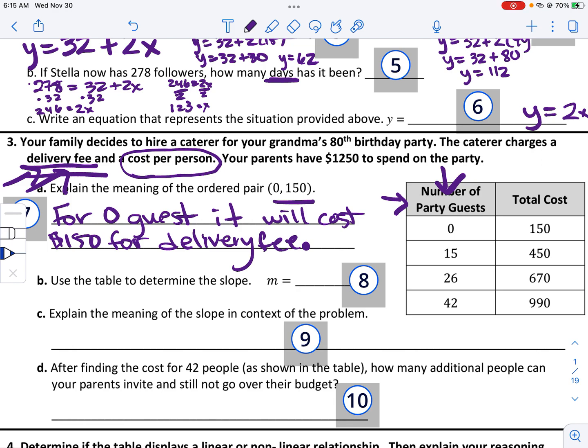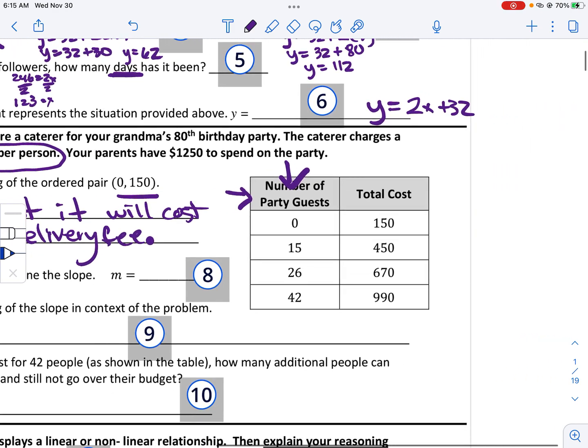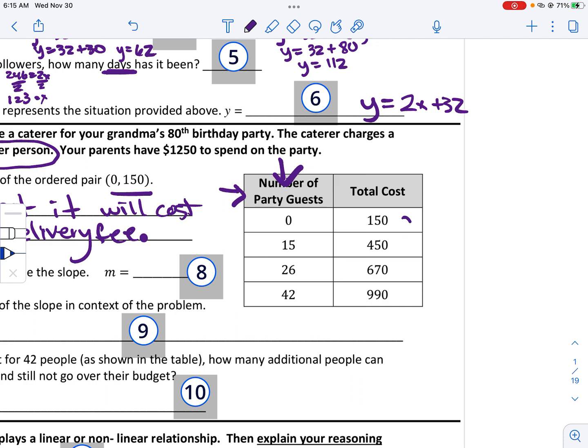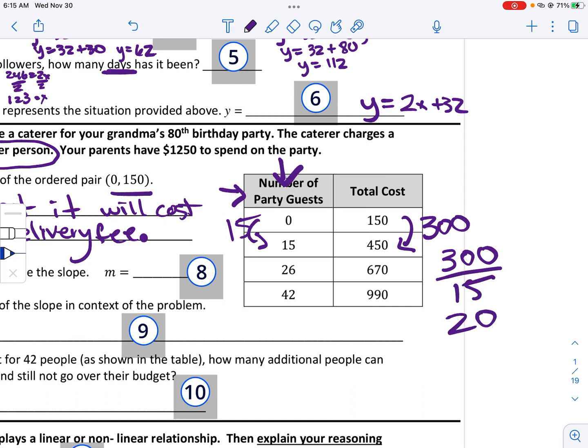So then it wants to know our slope. To go from here to here, that would be 300. To go from here to here, that's 15. So 300 divided by 15, we'll get 20. What does that mean?